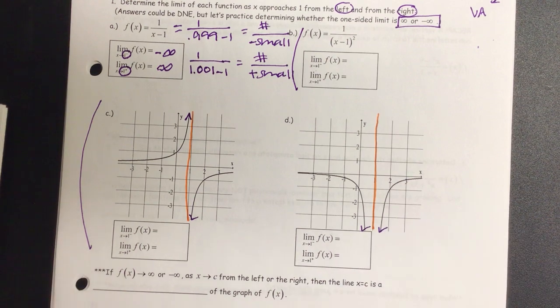You C and D and B? Mm-hmm. Bless you. The square just makes it negative. What do you mean?